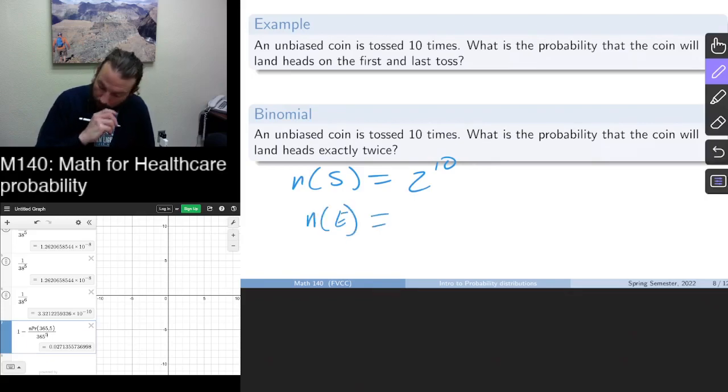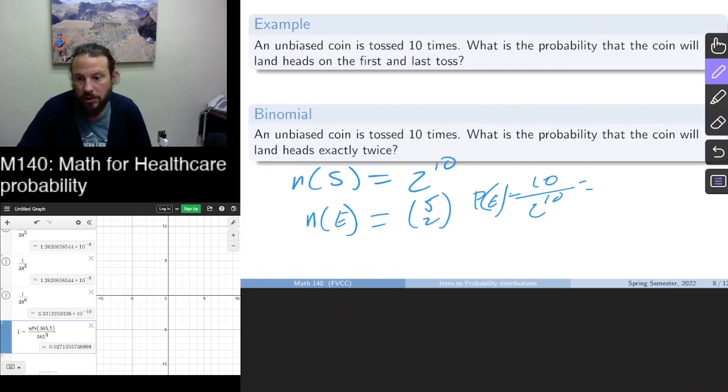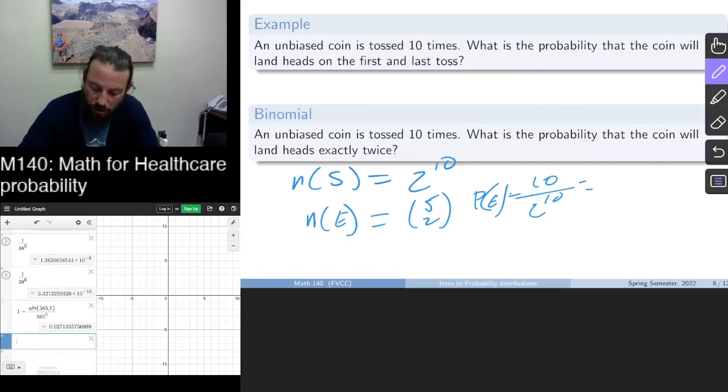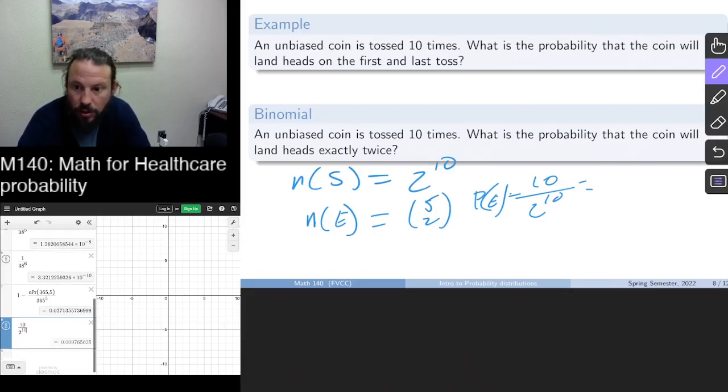And this turns out to be, like we saw before, 10 choose 2. And now here we get 10 choose 2 over 2 to the 10th for our probability. Let's just see what that is.